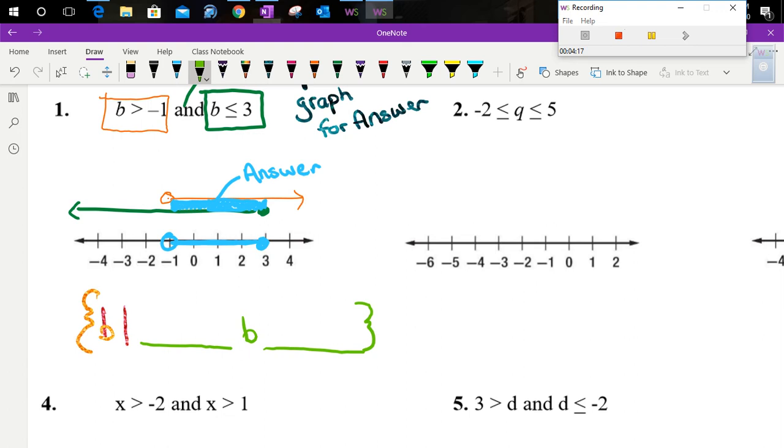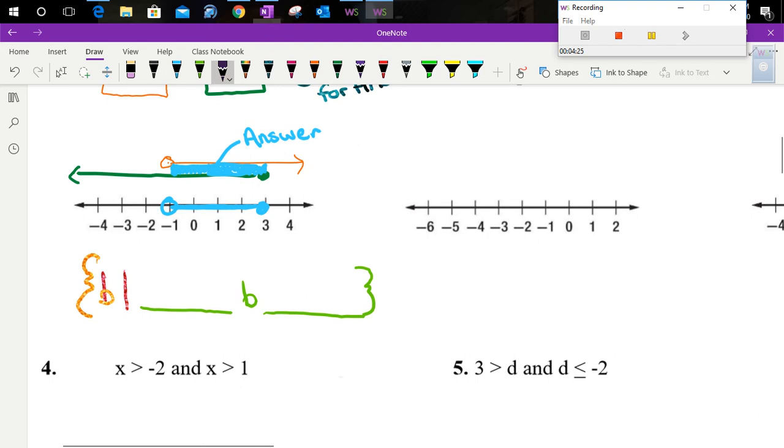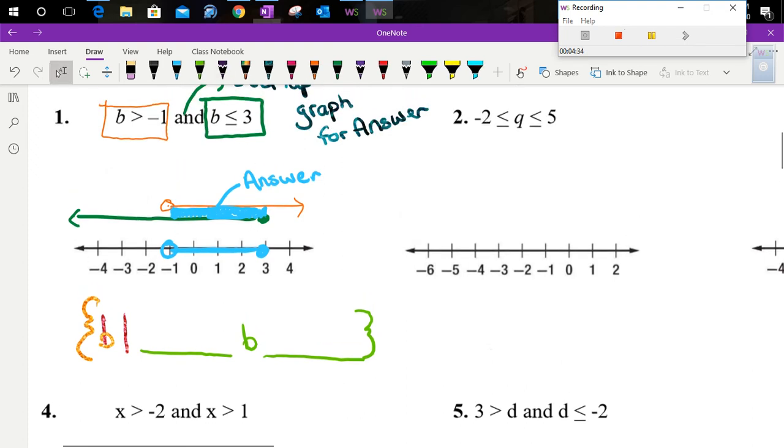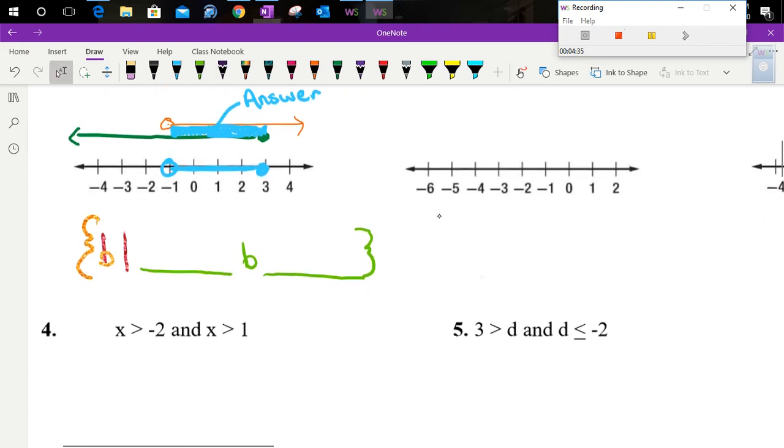Now, when you do set builder notation with and statements, your inequality symbol must always be the less than or the less than or equal to. So we have to use only the less than or equal to symbol when we're putting our answer in this.